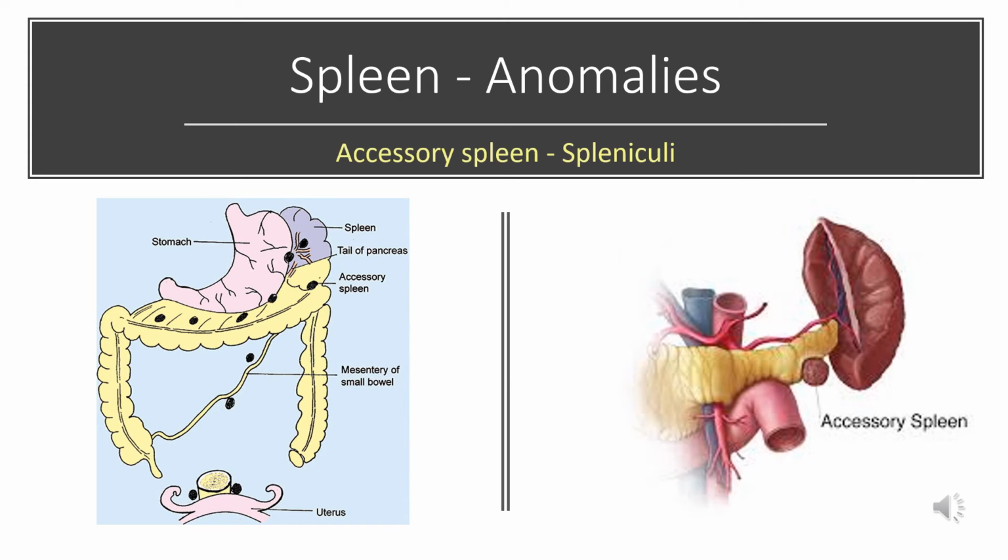They are also found along the splenic vessels, in the gastrosplenic ligament, lienorenal ligament, and also in the walls of the stomach or the intestine, the pancreatic tail, the greater omentum, and the mesentery, or they may be seen in the gonads or their path of descent.